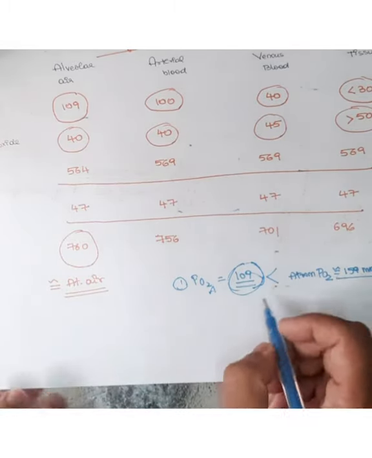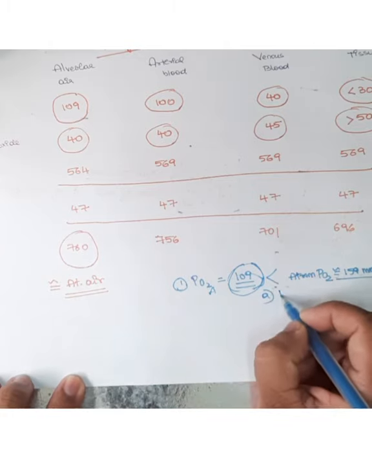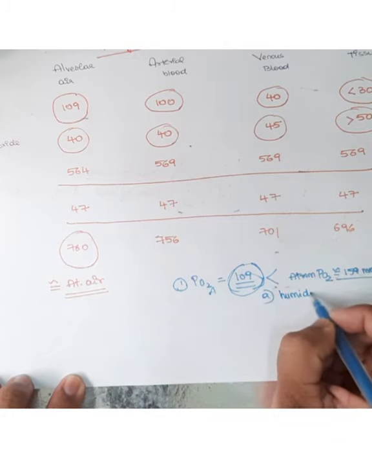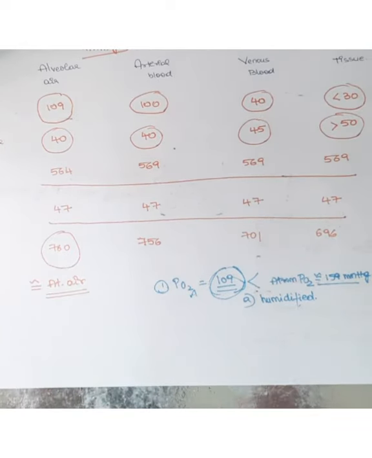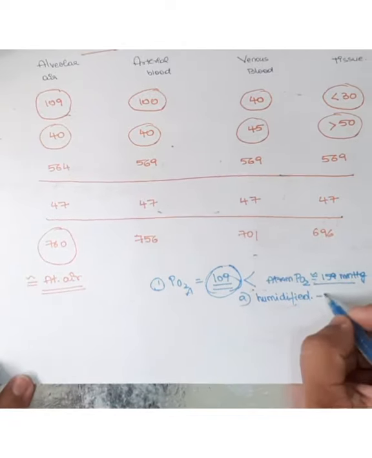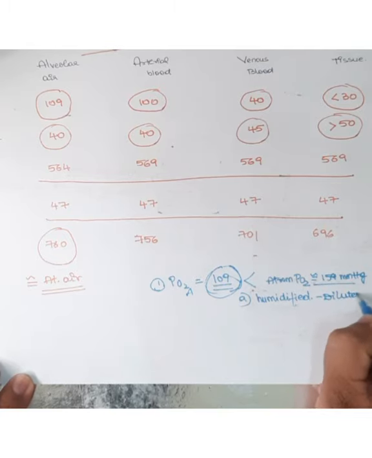The reason, number one, air is humidified. We have already seen in the first lecture, whenever the air moves, it is humidified and warmed by the turbinate bones. So whenever it is humidified, it dilutes the oxygen content.